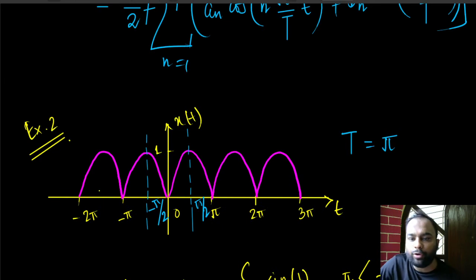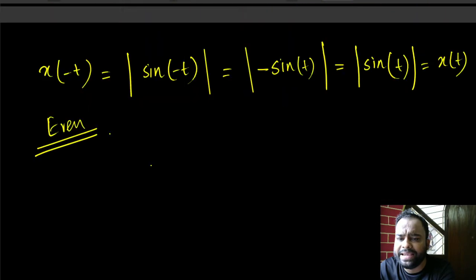And again, if you take the average value of the signal, you would see the signal does not appear below the time axis at all. So it's going to have an average value. So for this signal, I shall have a0 and I shall also have an. I shall not have any bn components.